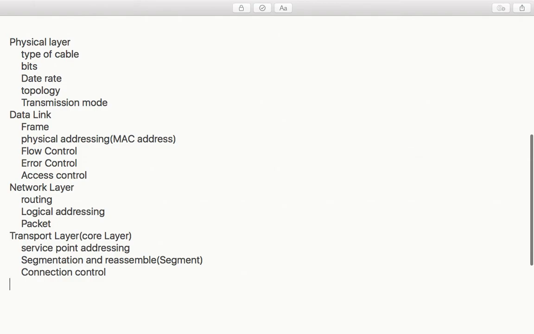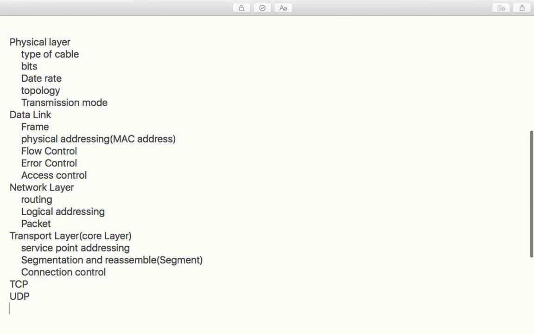In the transport layer, the protocol used for connection oriented is TCP, and for connectionless we use UDP, user datagram protocol, and transmission control protocol. So these are the responsibilities of your transport layer.